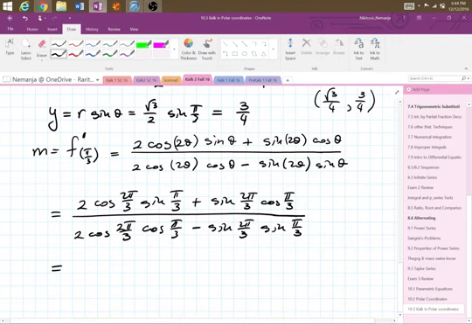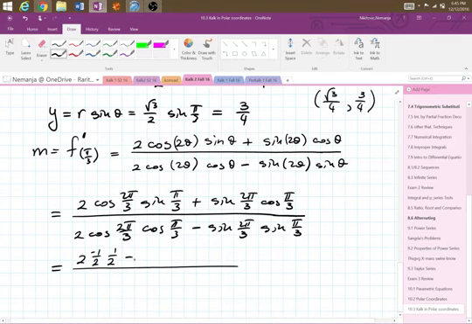So now we need to compute all of this. 2 times cosine of 2 pi over 3 is negative 1/2. Then you have to check the quadrants. Cosine of pi over 3 is 1/2.